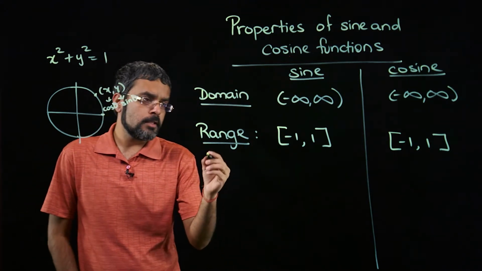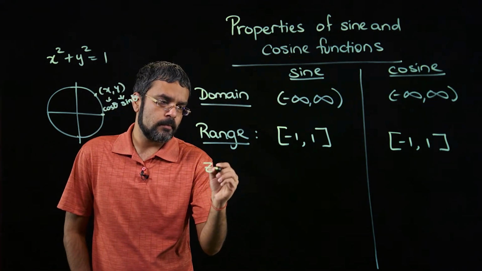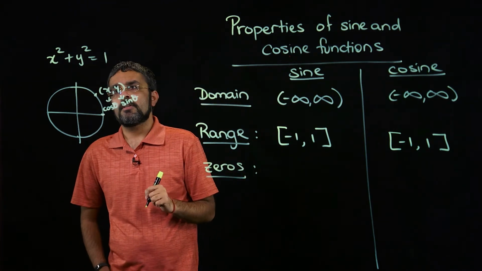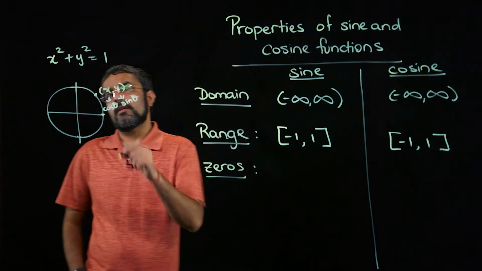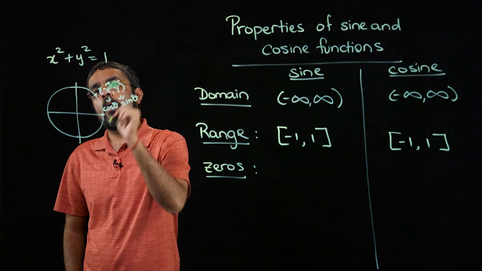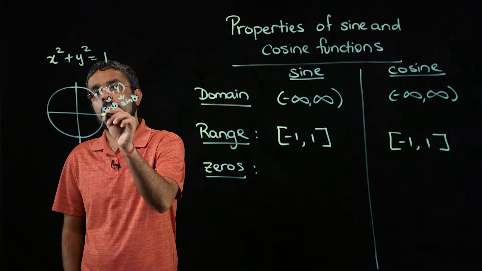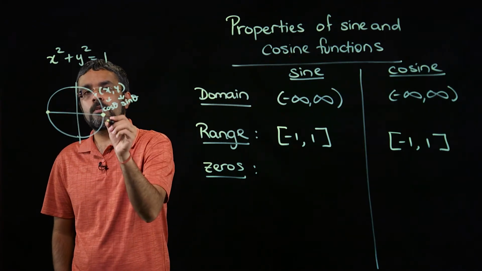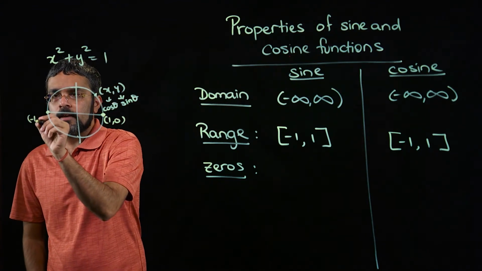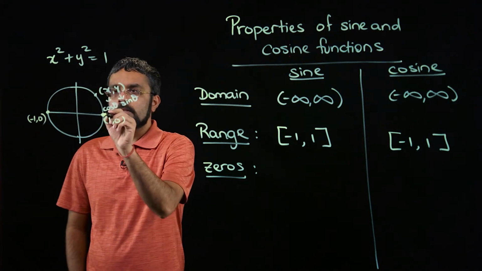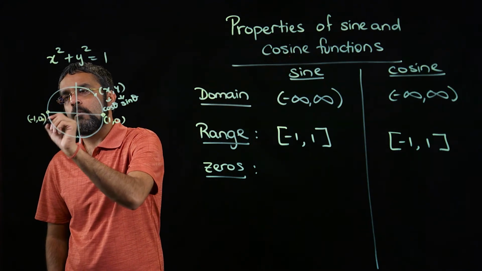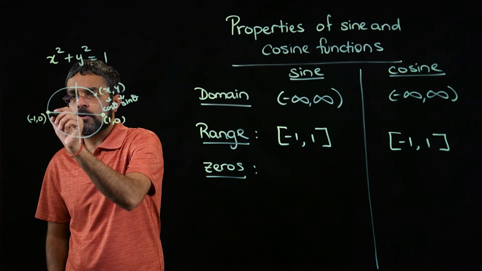Now, what are the zeros of this function? When is my sine function 0? My sine function is basically my y coordinate. When is my y coordinate 0? When it's on the x-axis. Here's the point 1, 0, and here's the point negative 1, 0. So sine of 0 is 0. Sine of 180 degrees, the sine of pi, is 0.